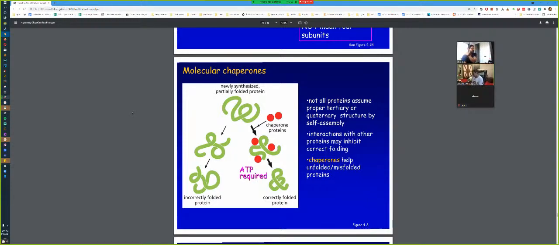Essentially, what happens with proteins is that they naturally fold to make the secondary structure and tertiary structure.